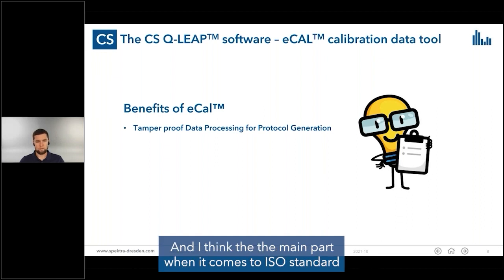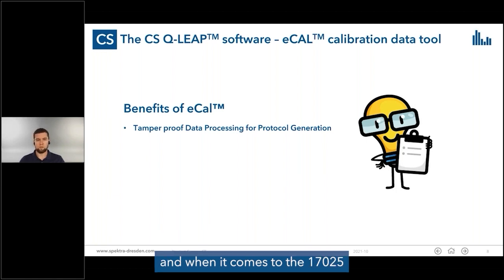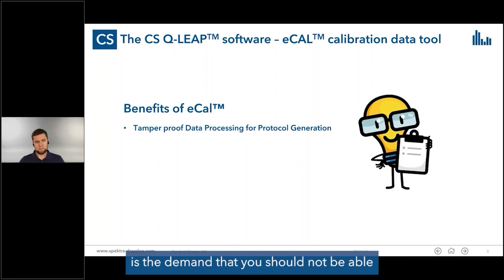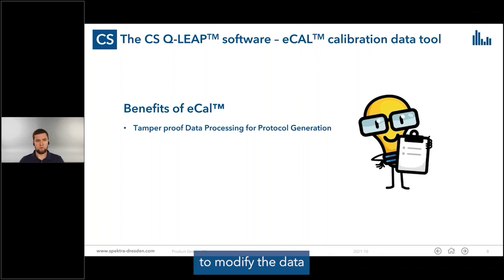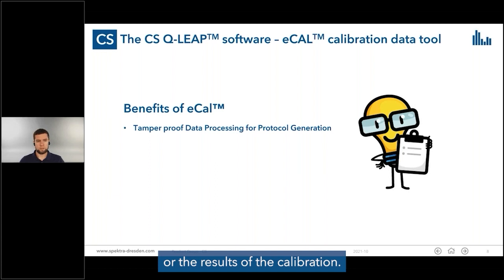And I think the main part when it comes to ISO standard and when it comes to the 7025 is the demand that you should not be able to modify the data or the results of the calibration.